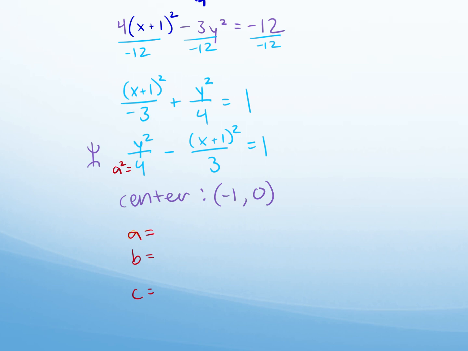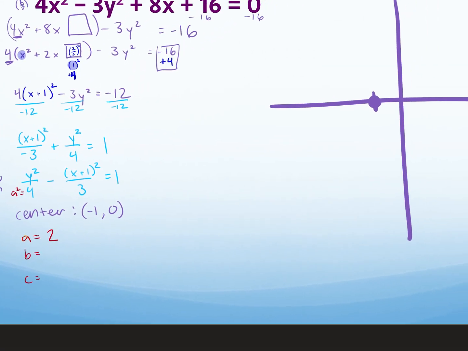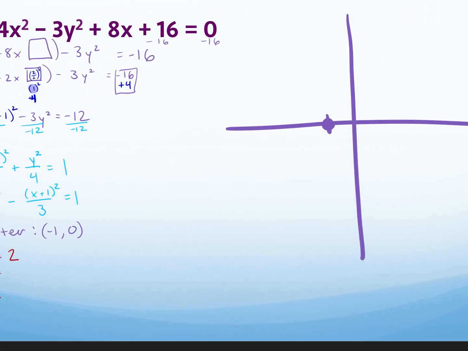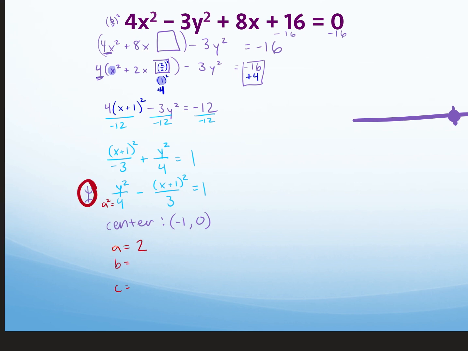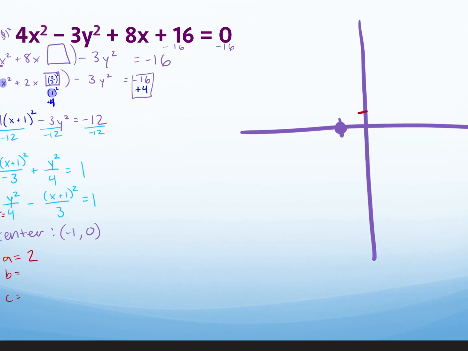So A squared is 4. What would just A be? 2. A tells us the distance from the center to the vertices. Am I going to go up and down for my vertices or left and right? Up and down, because our transverse axis is vertical. So we go up 2 from the center and down 2.